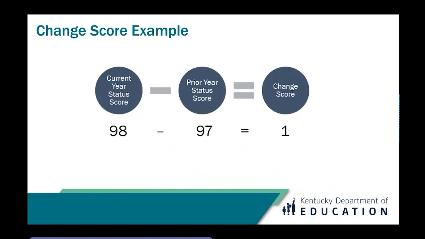Here's an example of how we find the change score. In this example for graduation rate, a high school has a current year status score of 98. We subtract the prior year status score of 97, which gives us the change score of 1. Looking at the table on the previous slide, this score would fall in the increased range for the graduation rate indicator.